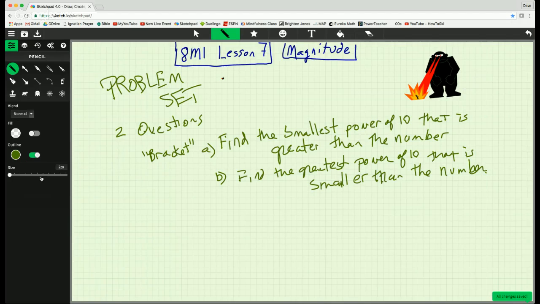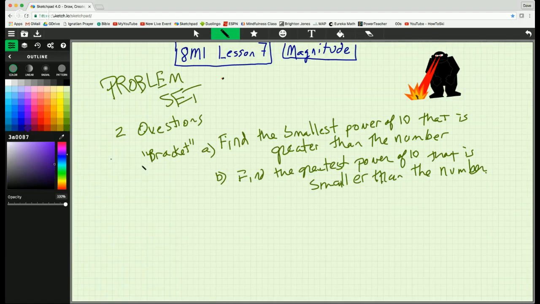Okay, so our first number here is going to be 59,623. And so we want to find a number that's bigger and smaller.